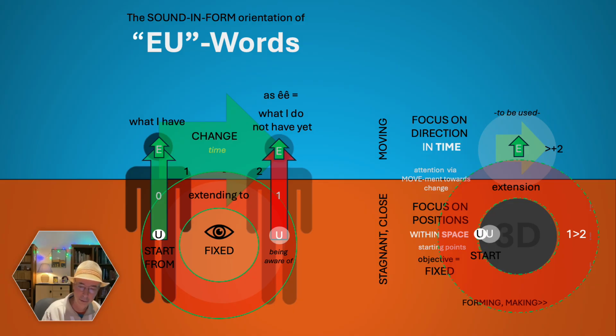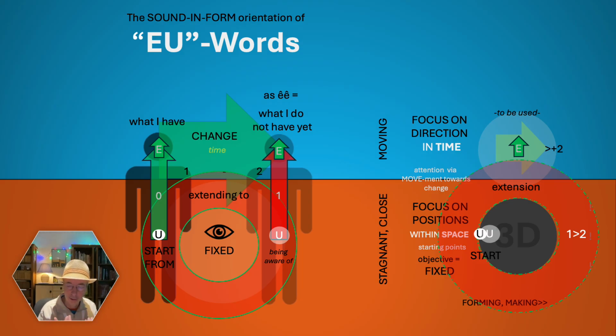The U as a reference frame is a combination of yeses and nos in a way. It's a reframing of a point of reference. I will explain later why it is reframing.